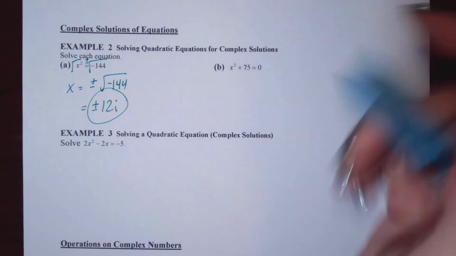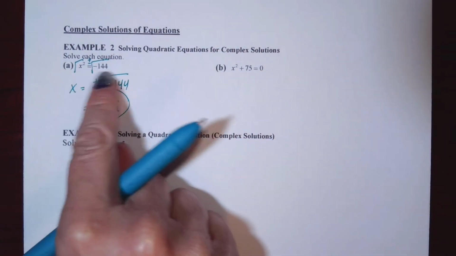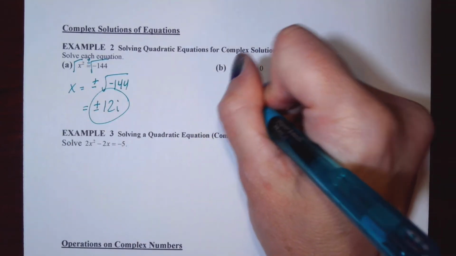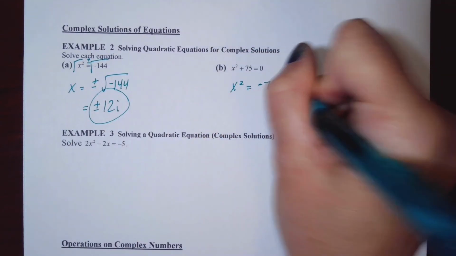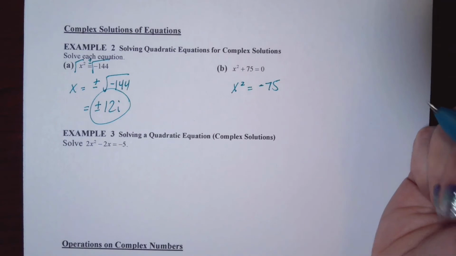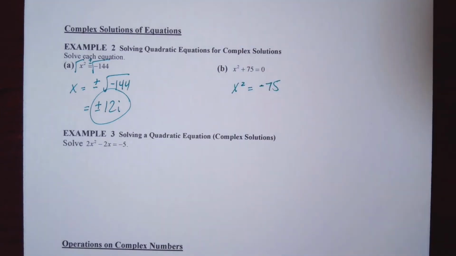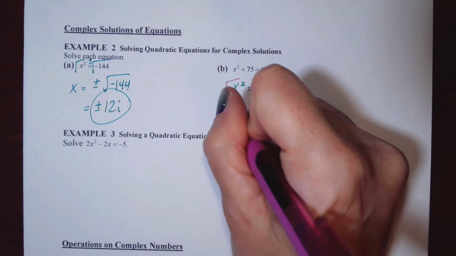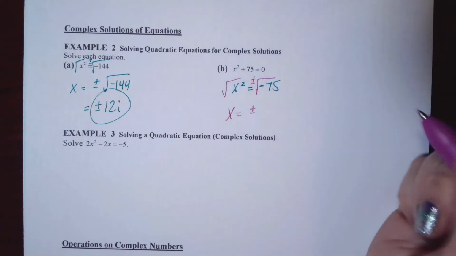I need to solve for x. This one started out with the squared term equal to the constant. For this one, I have to move that 75 over. When I move it over, it becomes negative. I still need to take the square root to solve. I have to consider plus or minus. So x is going to be equal to plus or minus.